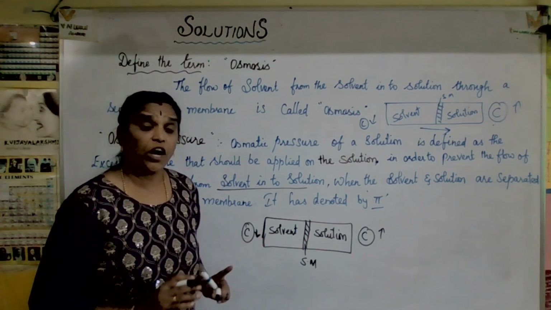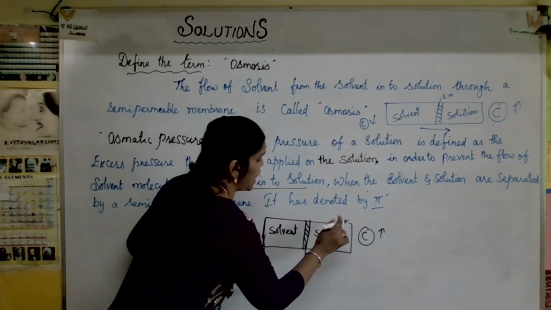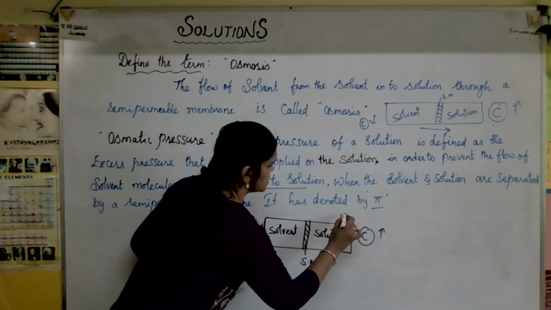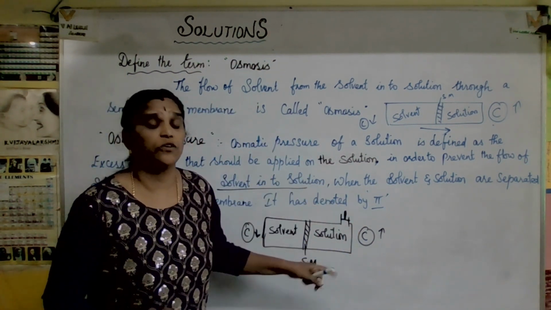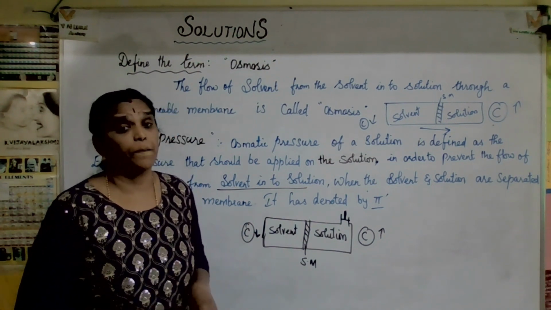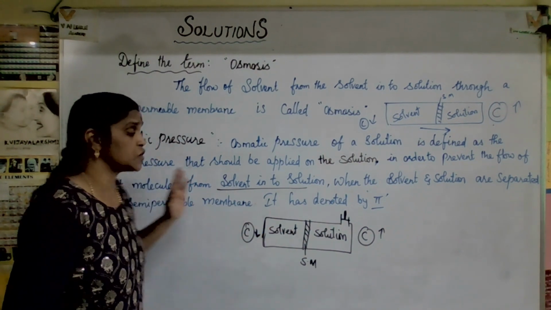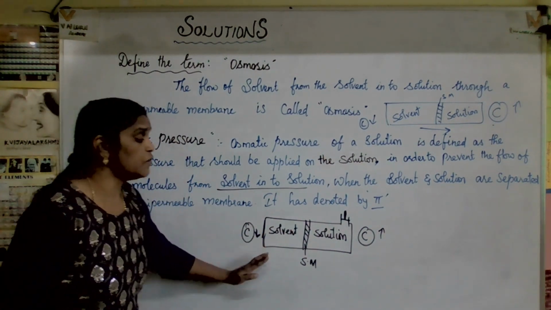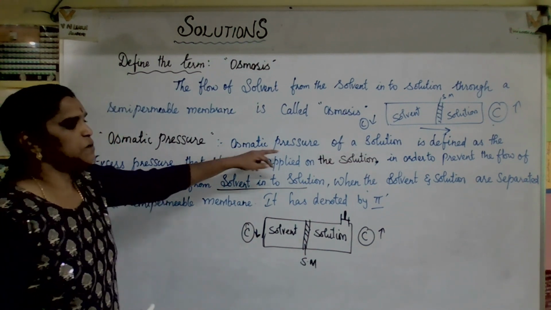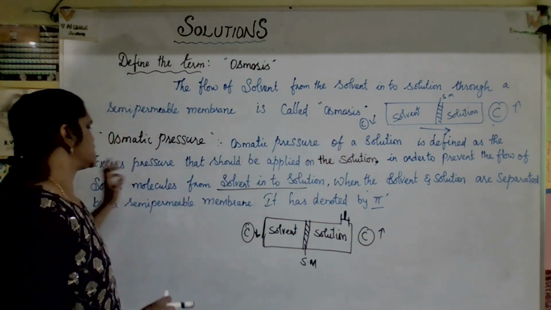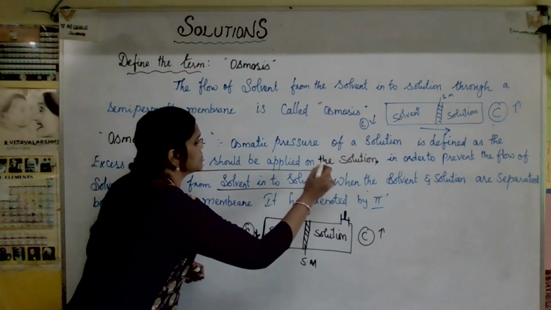Now, for osmotic pressure, excess pressure is applied on the solution side. This is a piston. Imagine we are giving pressure to the solution side. Why? In order to prevent the flow of solvent molecules from the solvent into the solution. That is osmotic pressure. The osmotic pressure of a solution is defined as the excess pressure that should be applied on the solution side in order to prevent the flow of solvent molecules into the solution.